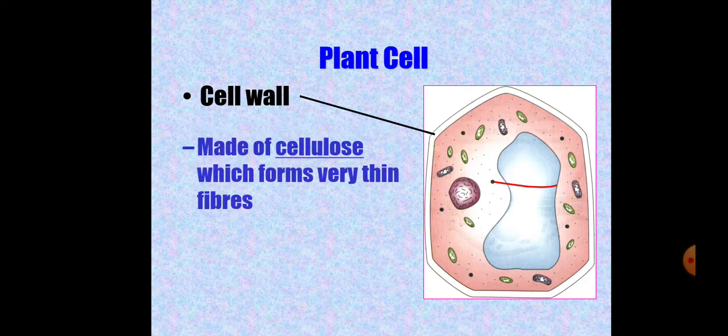So a plant cell will have the outermost important part called a cell wall, and a cell wall is made up of cellulose. Cellulose is a carbohydrate that is very tough. The cell wall is absent in animal cells, and the function of the cell wall is to give a plant cell the rigidity it normally has and the strength.